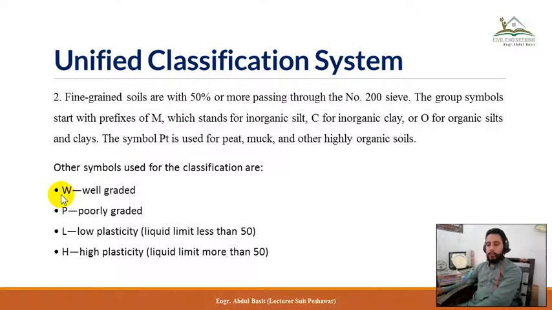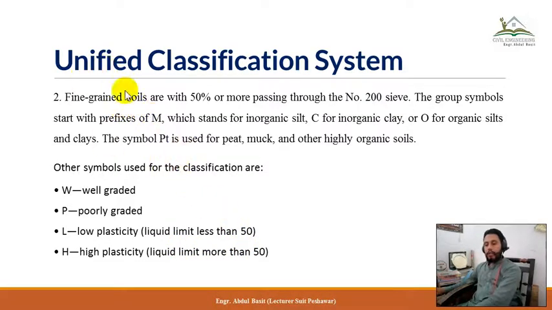Second, we will have this in continuation with that G and S. W will be for well graded, P will be for poorly graded, L will be for low plasticity, and H will be for high plasticity. And definitely for low plasticity the liquid limit will be less than 50, and again this will be more than 50 for high plasticity soil.